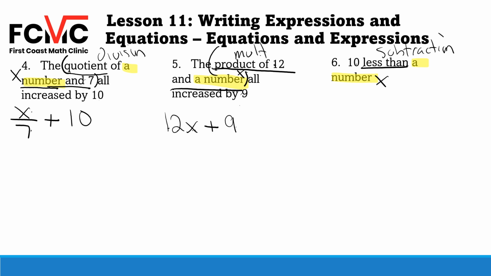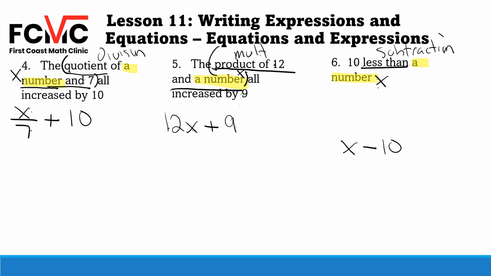So if I see 10 less than a number, do I want this, 10 minus x, or do I want x minus 10? Well, if I see 10 less than a number, what I want is this. So I want the x minus 10.